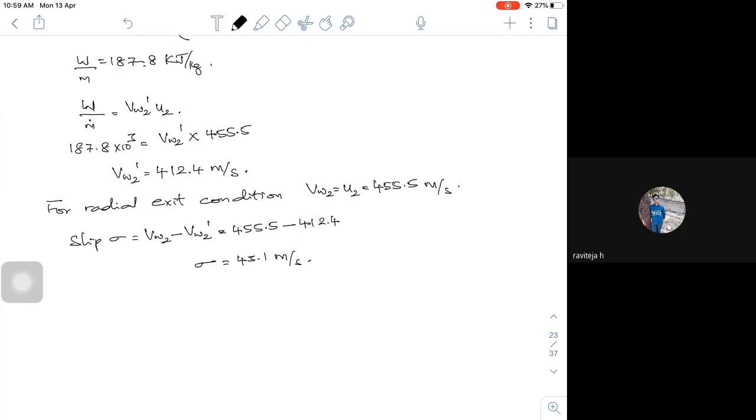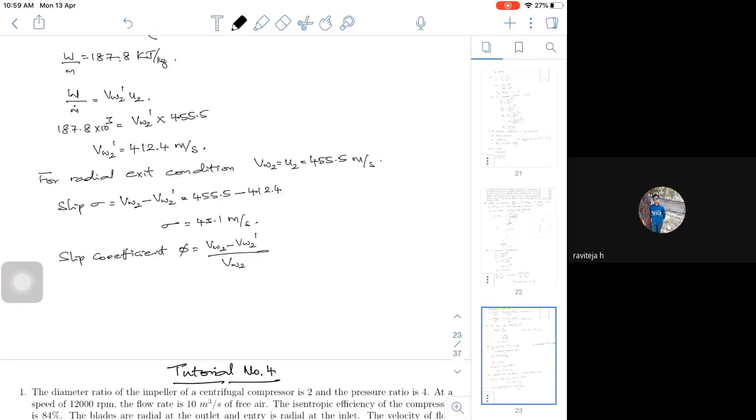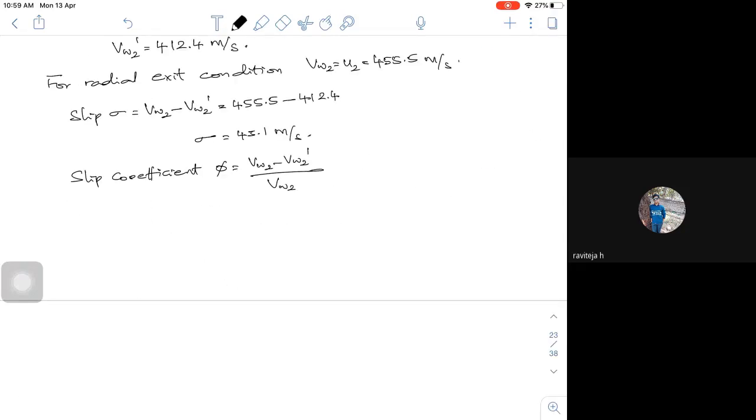Then what is the slip coefficient? Slip coefficient phi is equal to VW2 minus VW2 dash by VW2. If I substitute the values, I get 455.5 minus 412.4 divided by 455.5.